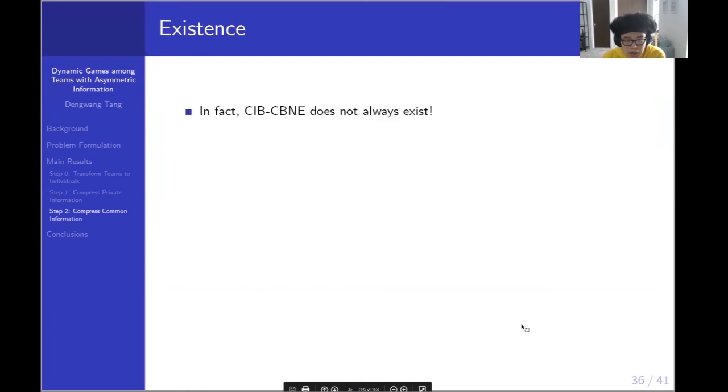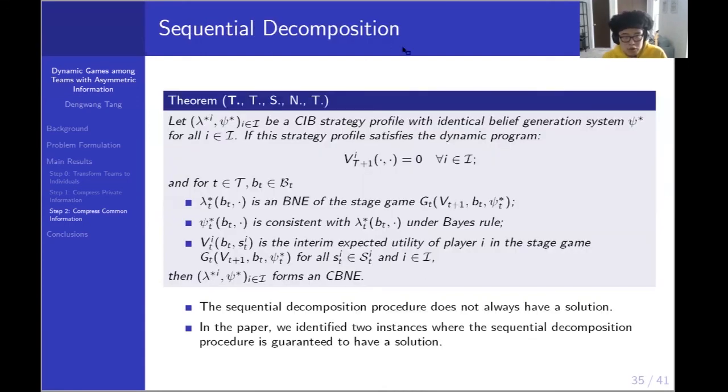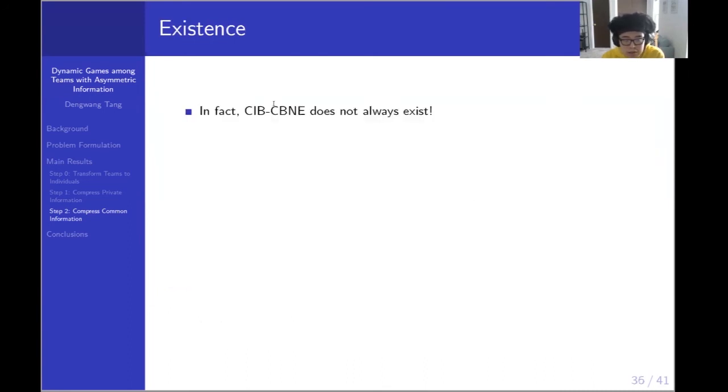So lastly, I want to mention the existence problem as I have promised. So in the compression of common information part, you will end up with non-existence problem. As we have mentioned here, this sequential decomposition doesn't necessarily have a solution. In fact, this whole equilibrium concept may not always exist in all games.